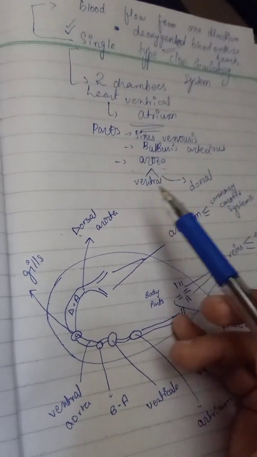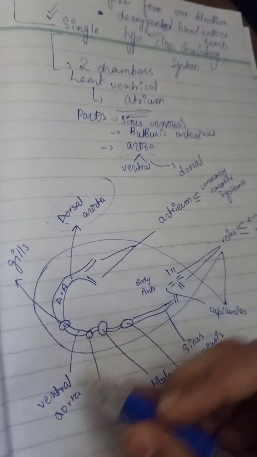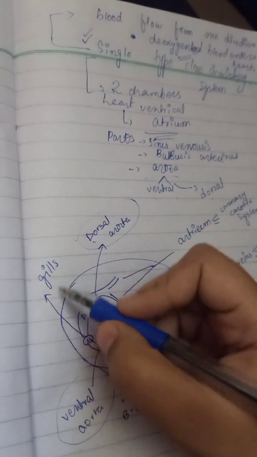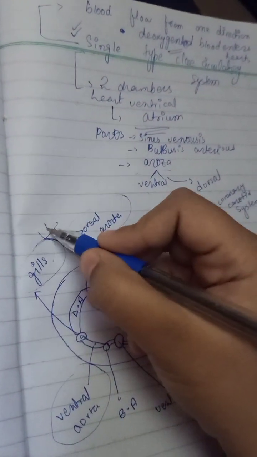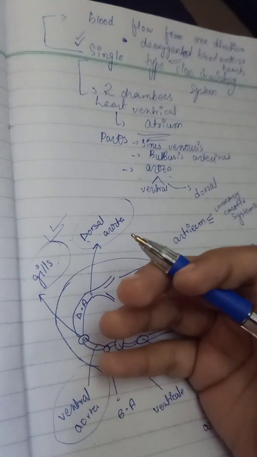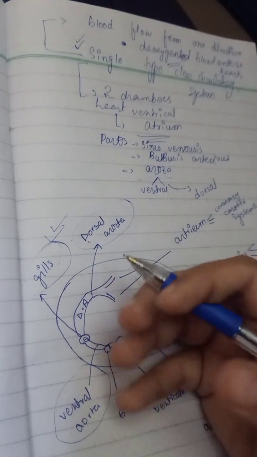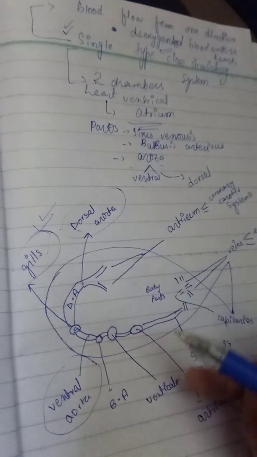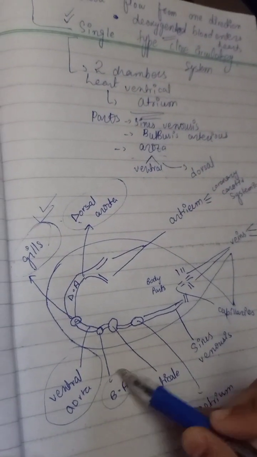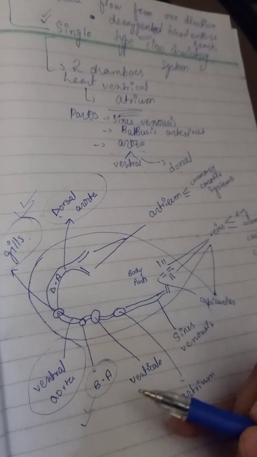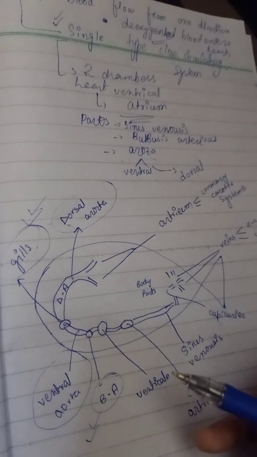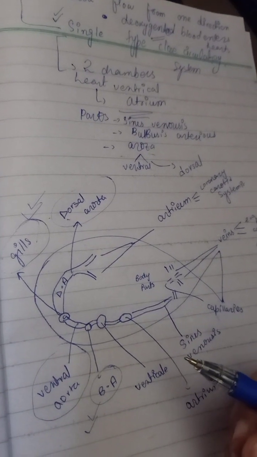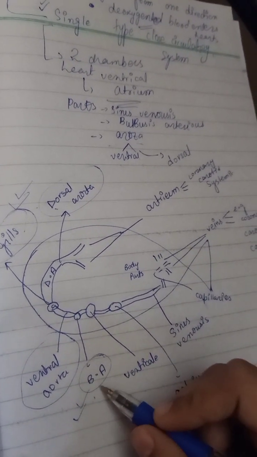So in the aorta, this one is the dorsal aorta and this one is the ventral aorta, and these are gills, through which the blood changes from deoxygenated to oxygenated, which I will also tell you about. And this one is the bulbus arteriosus, which maintains the blood pressure. We will also talk about this.